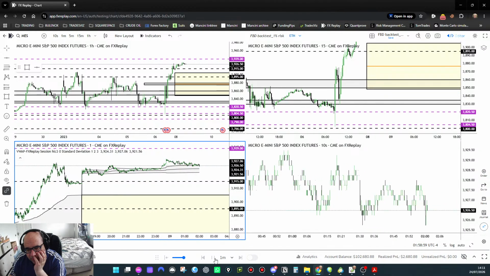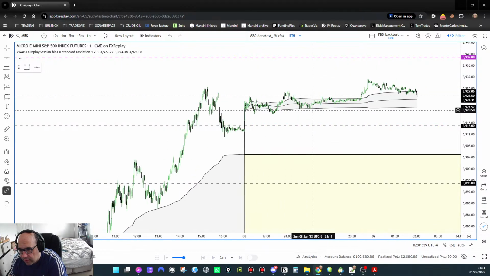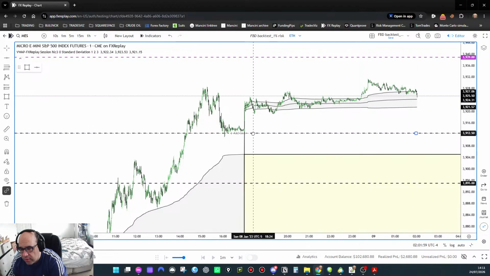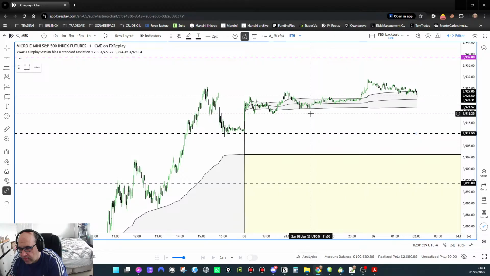So I'm just gonna pause for a moment because I think we have some lows there that I need to address. So we have some significant lows here. You can see right about there. And we have also overnight lows, which are about here.